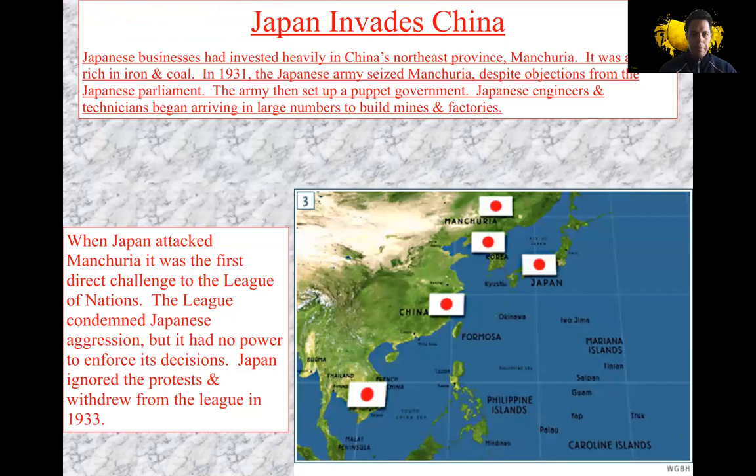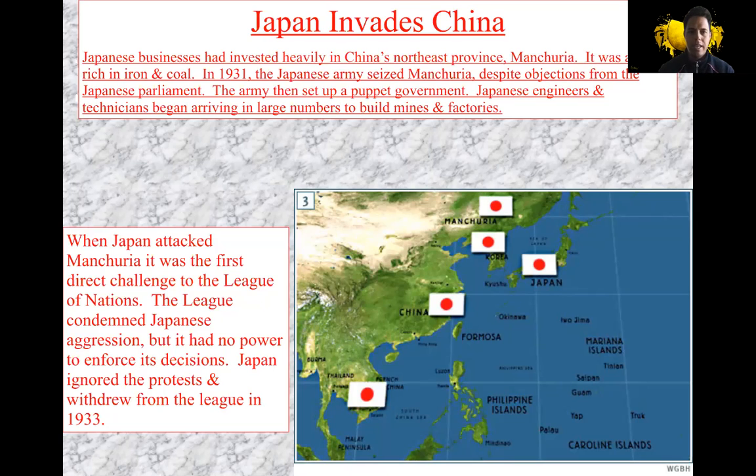So the Japanese businesses had invested heavily in the Chinese northeast province of Manchuria, which was rich in iron and coal, as well as great farmland. So the first invasion would happen in 1931, and the Japanese army would seize Manchuria despite objections from the Japanese parliament.